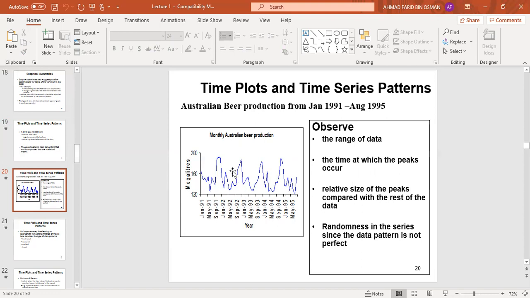Which month has higher values compared to other months, which month has the lowest values compared to other months. So the relative size of the peaks compared with the rest of the data. And then randomness in the series: since the data pattern is not perfect, randomness means the different behavior, different variation of the series for certain parts of the series.